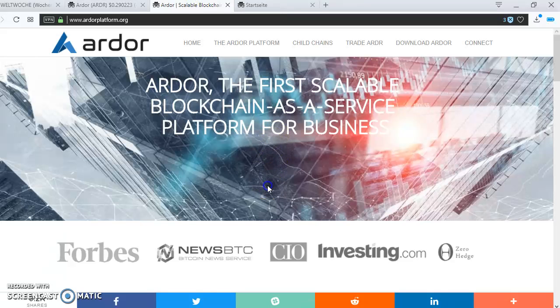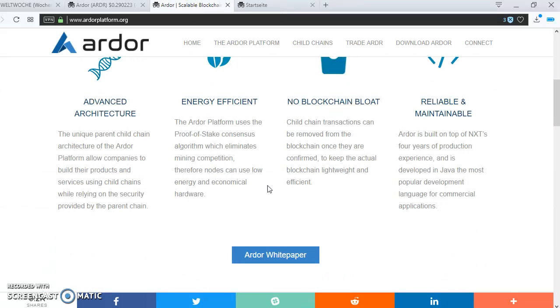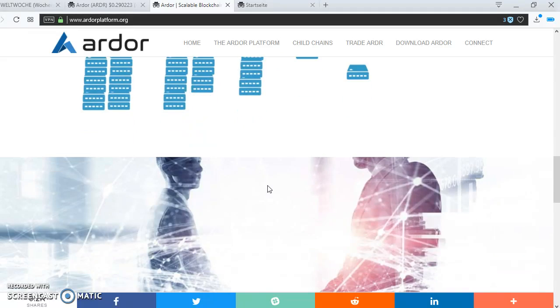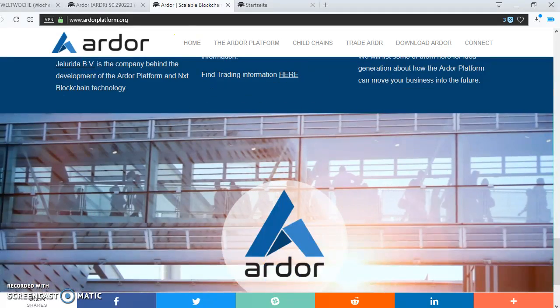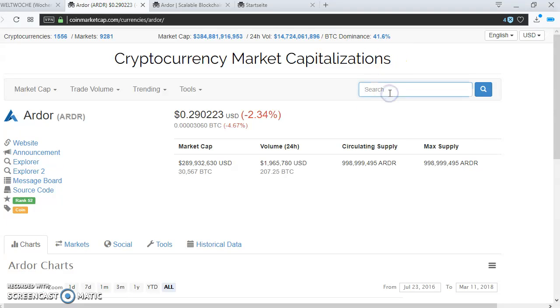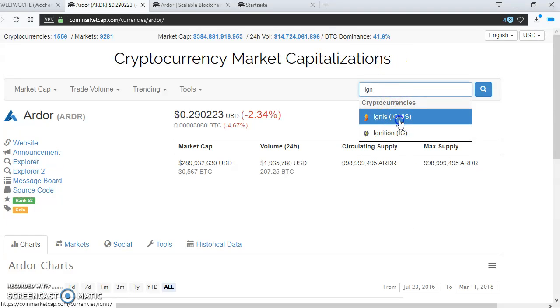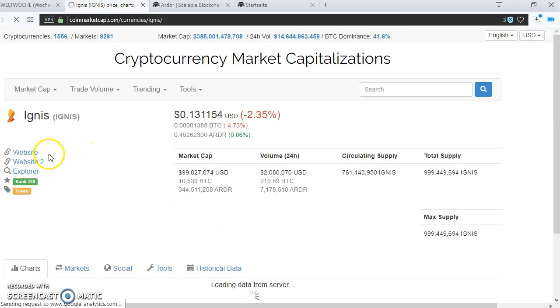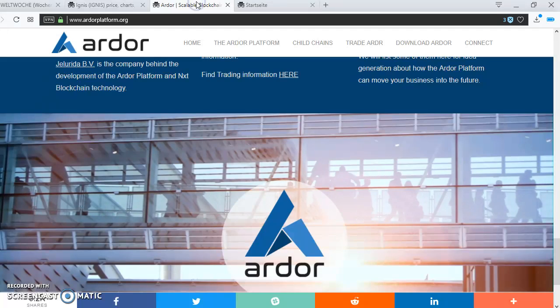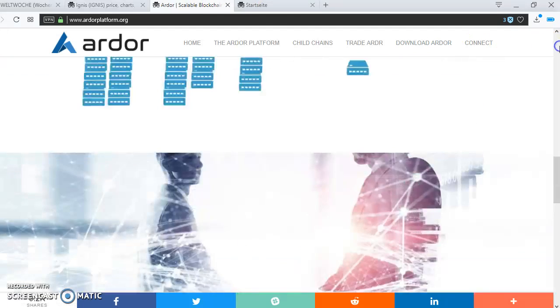They can decide to create their own coin and all that. And one of the first side chains in the ARDOR platform is the IGNIS platform. So that is just ARDOR in a nutshell.